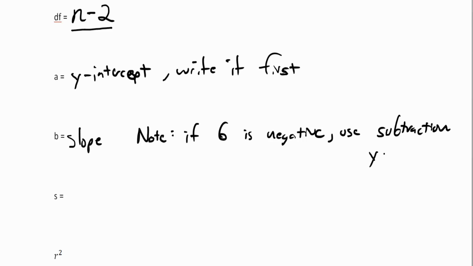Also appropriate is y equals a plus negative b. You can also add a negative. So for positive correlation, y equals a plus bx. And if you have negative correlation, y equals a minus bx or a plus negative bx.